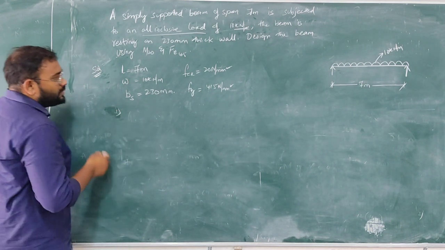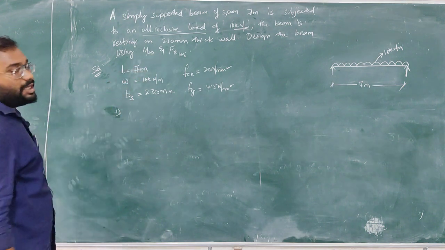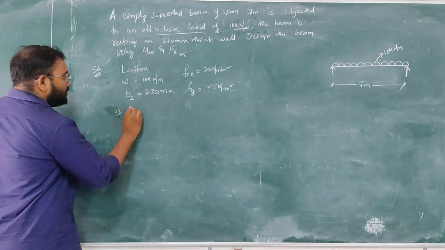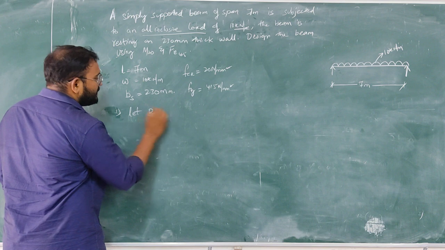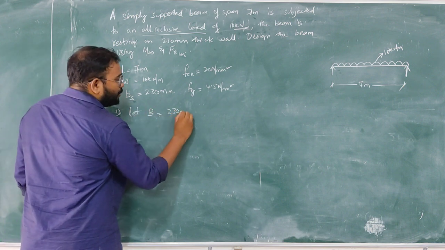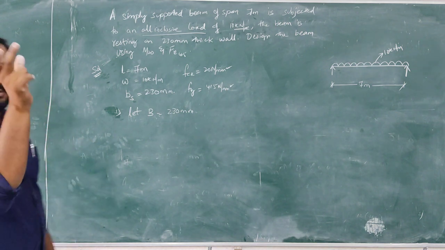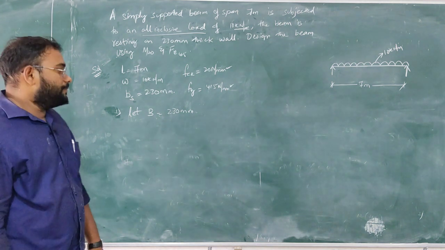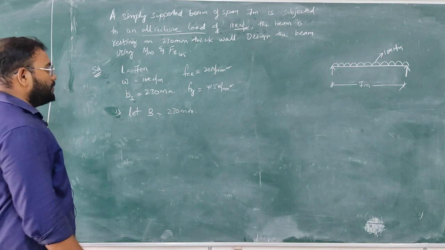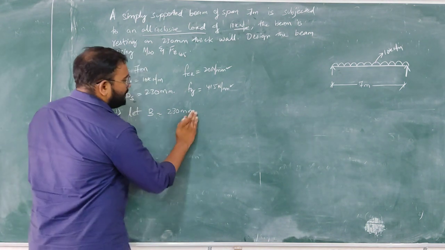Step 1 involves the calculation of b. We assume capital B is equal to Bs, which is 230 mm, so that the width of support and the width of beam will be the same. You have assumed a 230 mm width.